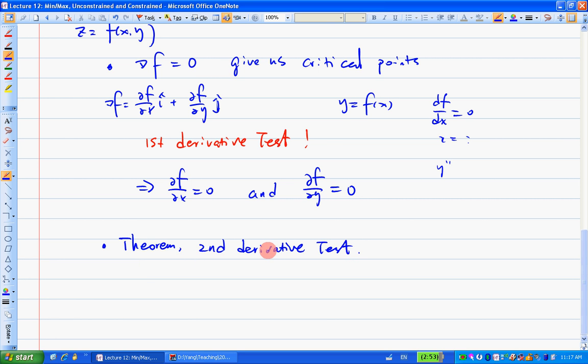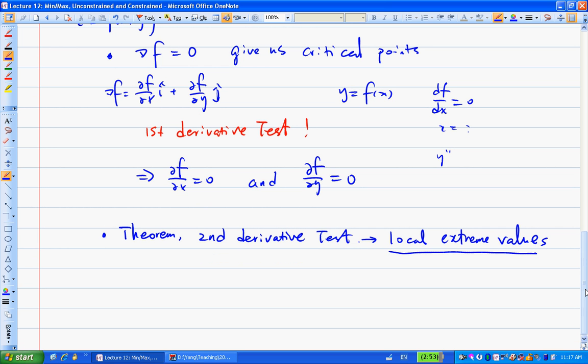Now, the second derivative test will give us a local extreme value. So we have to look at the whole result in order to determine whether we got a global one or not. Okay, so here's the theorem right down here.